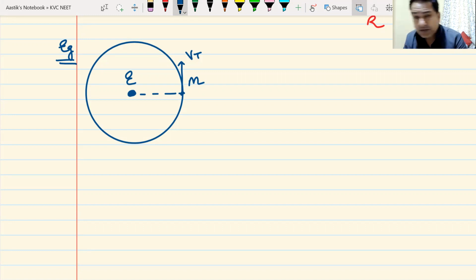Can you tell me which force is giving moon the centripetal force required to move around Earth? Anyone?